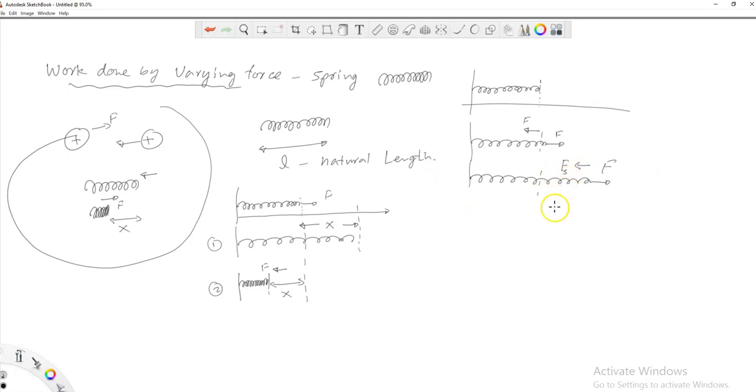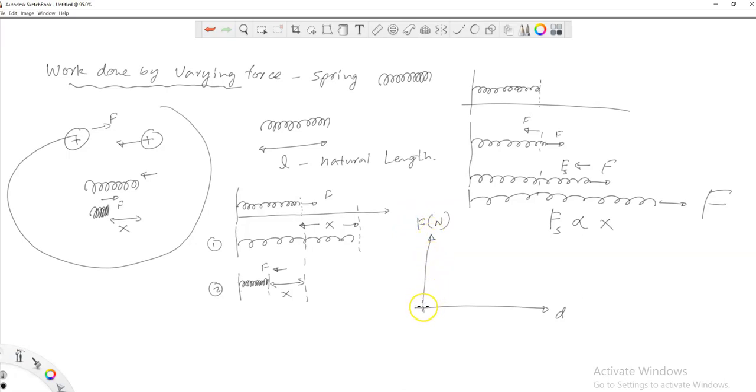The interesting thing is this Fs, or the force you have to apply, is proportional to the amount you stretch, right? You see that the more you pull this, if you pull it even further, you need an even bigger force. So if you plot this distance or displacement and force needed, or let's say just force.